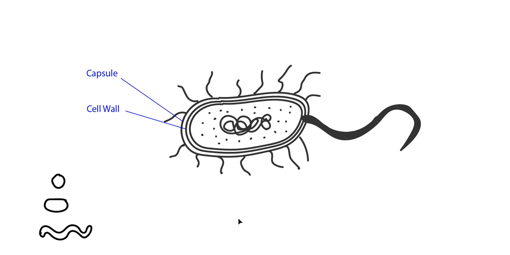So the cell wall gives it its shape. Bacteria generally come in three different shapes: a round or ball shape called coccus, a rod or pill shape called bacillus, and a helical or spiral shape called spirillum. You'll need to know these three shapes to help identify bacteria as we're moving forward.